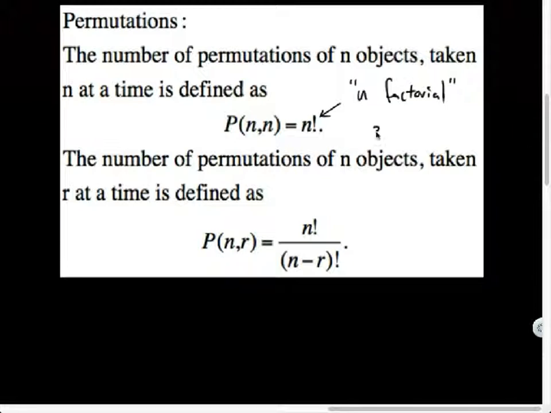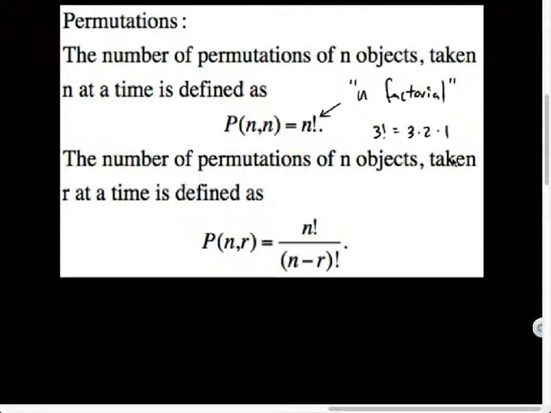So 3 factorial, for instance, means 3 times 2 times 1. Or more properly, n factorial would be n times n minus 1 times n minus 2 times n minus 3 times and so on, times 3 times 2 times 1, where you just multiply them all out.